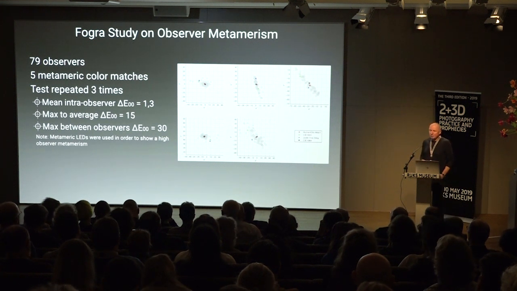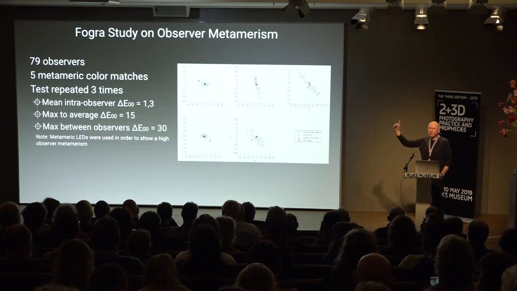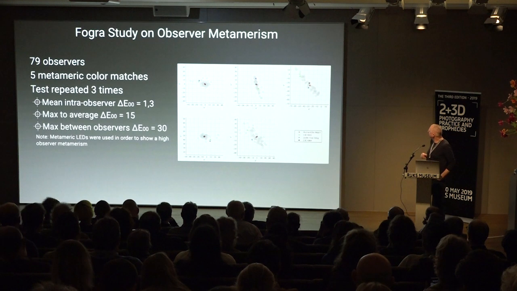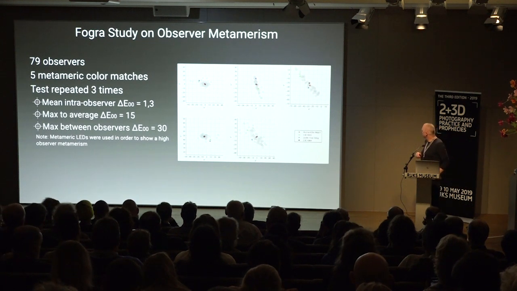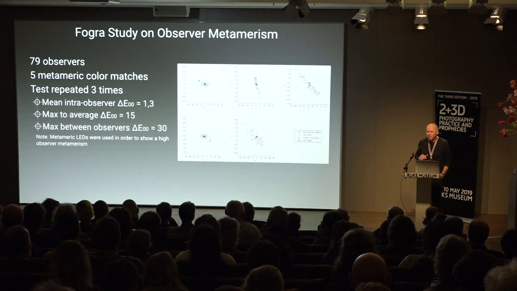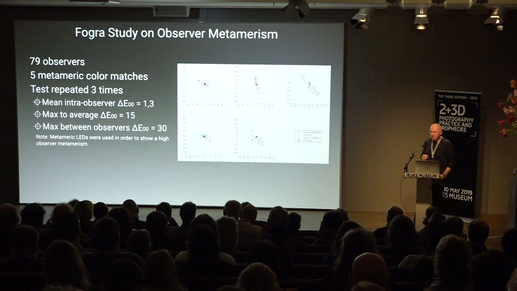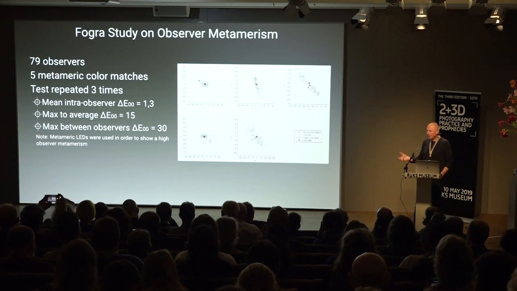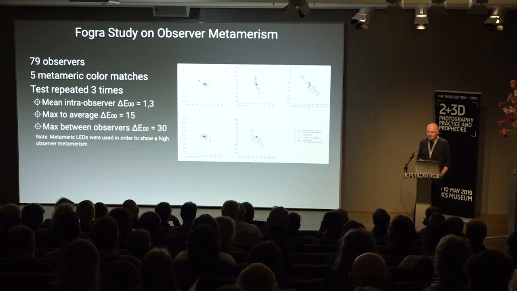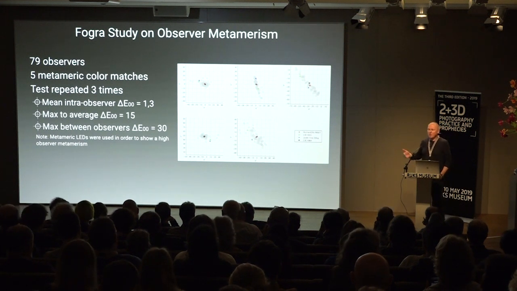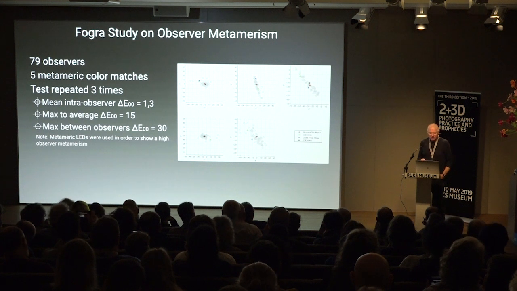So the 3 samples were pretty close per observer. But the maximum to average, the extreme observer compared to the average, which is the red cross here, was delta E 15, which is quite a lot. If you reproduce something, measure, and find a delta E of 15, you throw it in the bin because it's useless. But that's the difference between the worst observer and the average.